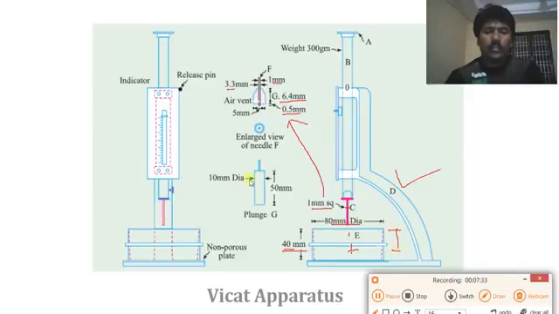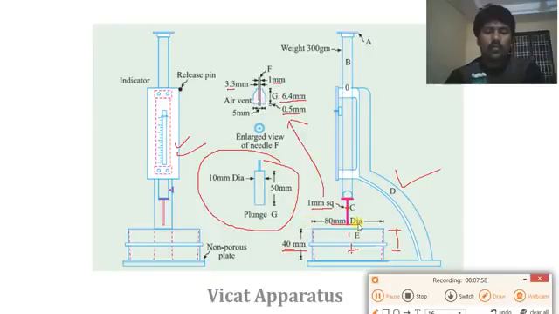And this plunger's dimensions are already explained, which is of 10 mm diameter and 50 mm length. Now this is a front view of that one, where the indications are shown here. Through this you can measure the penetration distances. So with this, the Vicat apparatus detailed dimensions are here.